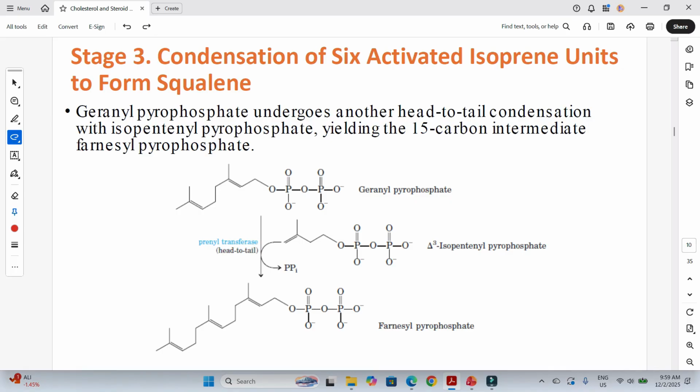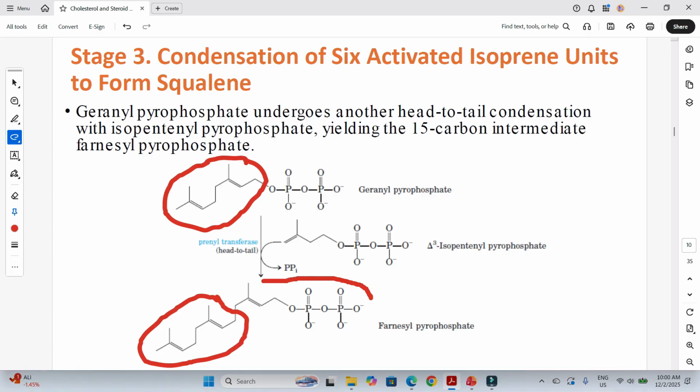So what happens? Now this part of geranyl pyrophosphate is actually this one. That is going to become a carbocation which is going to attack the isopentenyl pyrophosphate, so that in the end, again as before, a positive charge will develop here, which will be neutralized by loss of a proton from this carbon atom.